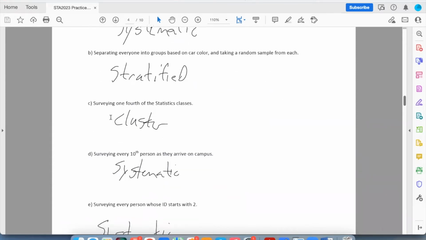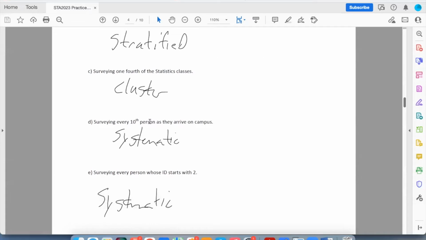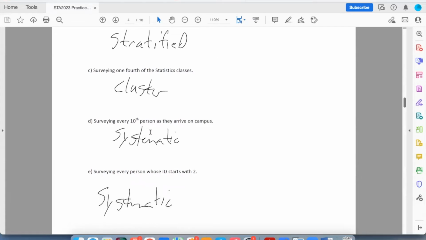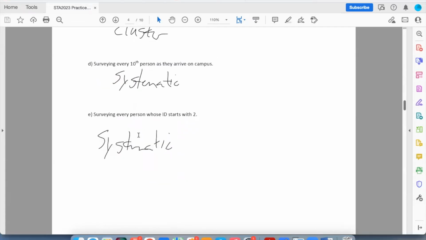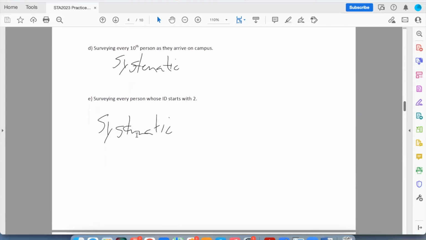Here we put everybody in a group. And then we talk to entire groups. That's cluster. So I'm talking to 1/4 of all the statistics classes. Every 10th person, that's systematic. Everybody whose ID ends in 2, that would be systematic.